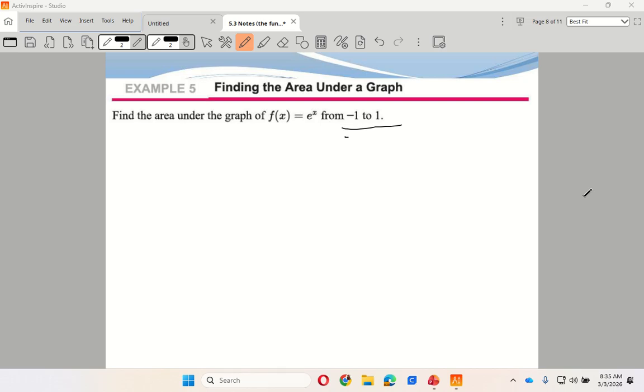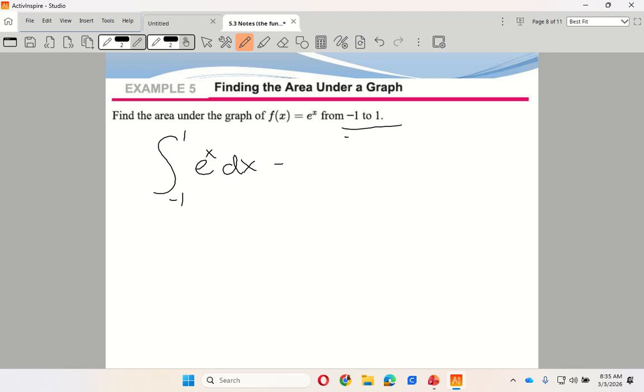So for this one right here, we're going to do the integration. So let's write the integral of e to the x dx, and I'm starting this from -1 to 1. Now, what's the antiderivative of e to the x? Yeah.